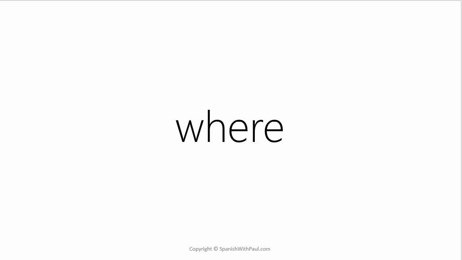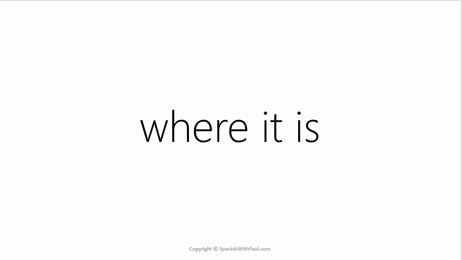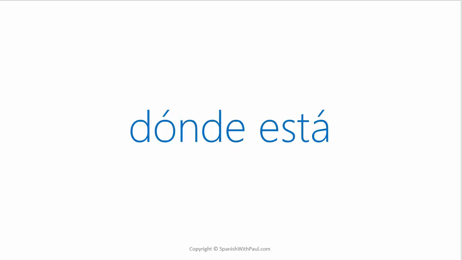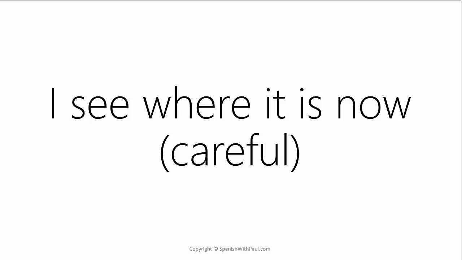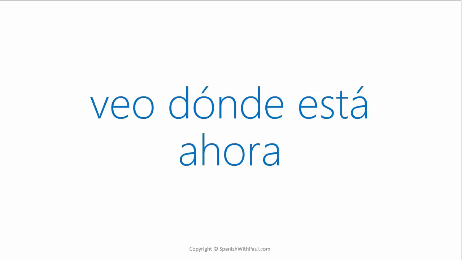What's the word for where? ¿Dónde? And how would you say where it is? ¿Dónde está? Now, how would you say I see where it is now? Be careful with this one. Veo dónde está ahora.